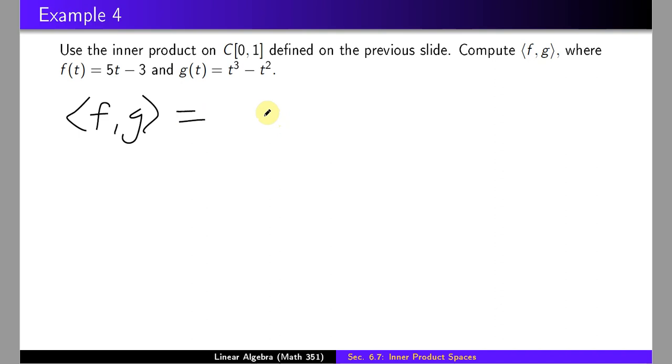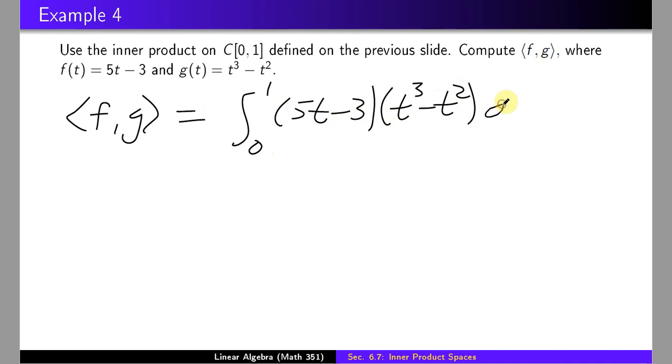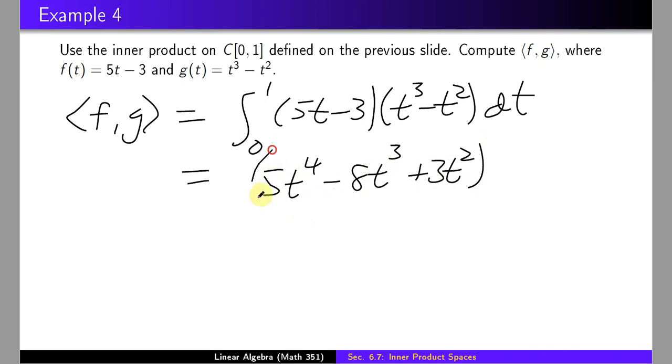So the inner product of f with g is just the integral from 0 to 1 of 5t minus 3 times t cubed minus t squared dt. If you FOIL this out, you end up getting 5t to the 4th minus 8t cubed plus 3t squared dt that you're integrating from 0 to 1.